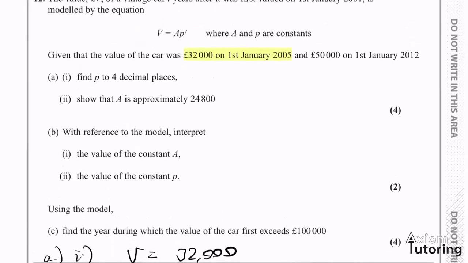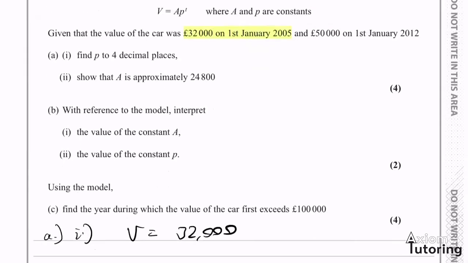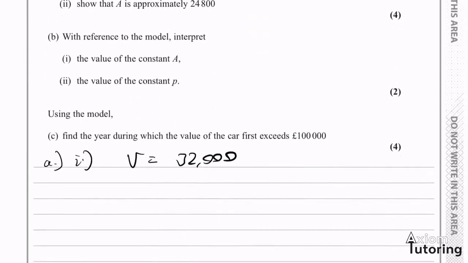That value is after 4 years, right? Because T is in years after the 1st of Jan 2001. So for V is 32,000, we actually have T equal to 4 years.